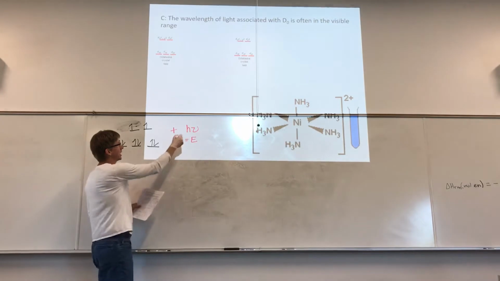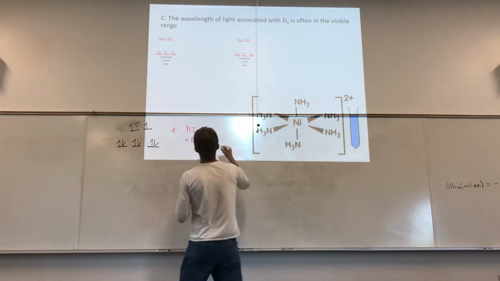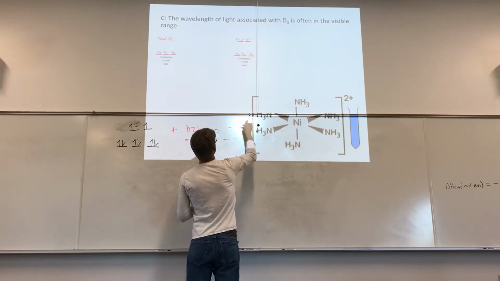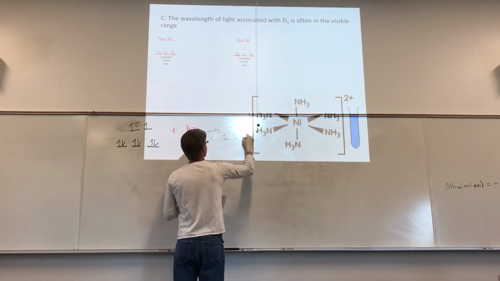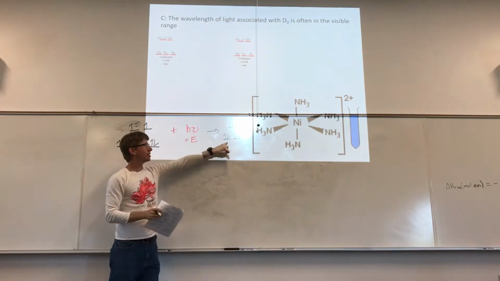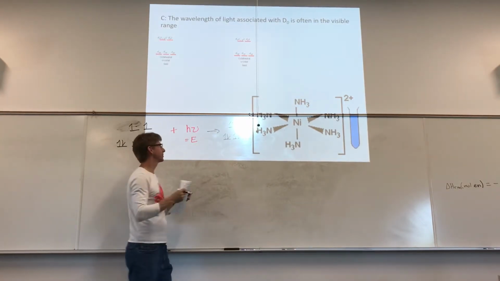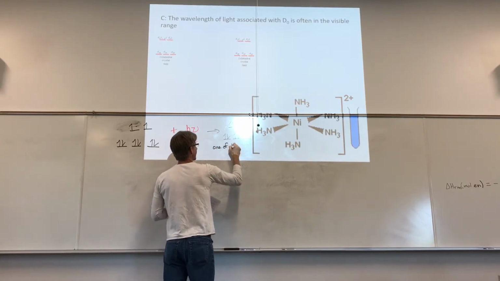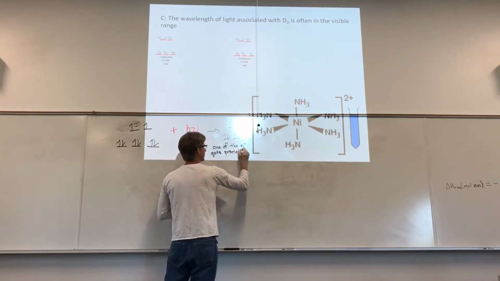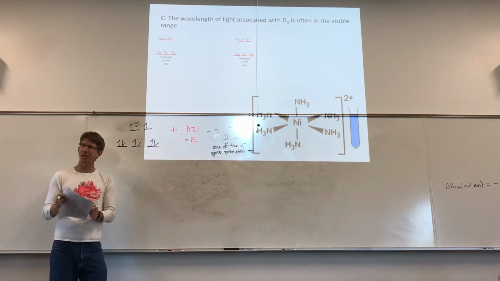And what happens is when we add energy to this, one of the electrons gets promoted to the higher energy level d orbitals as the light is absorbed.